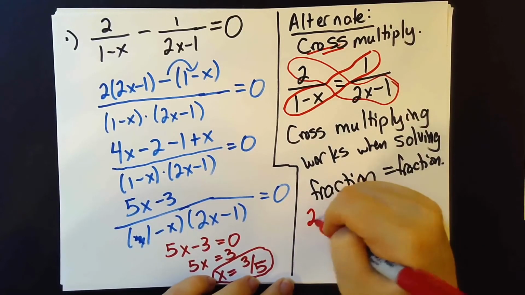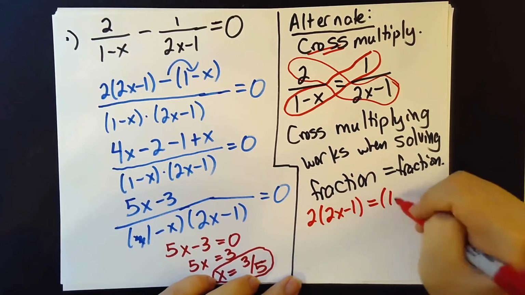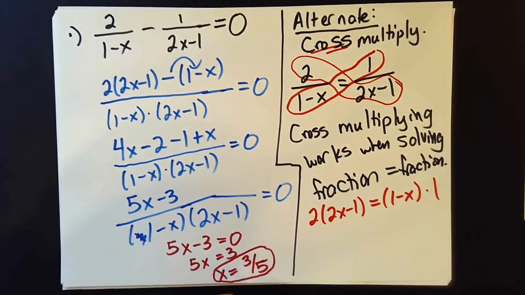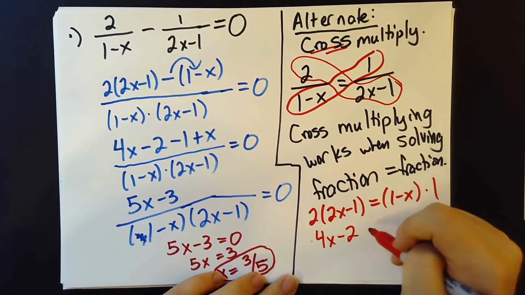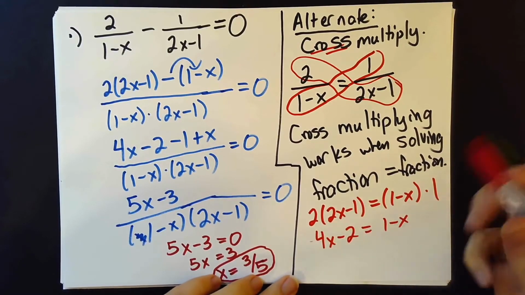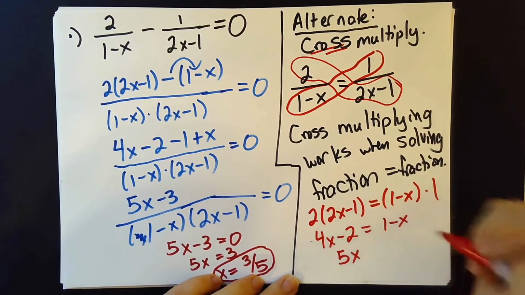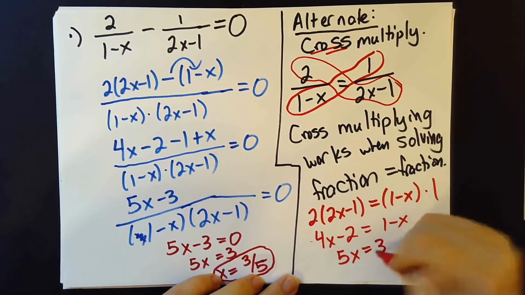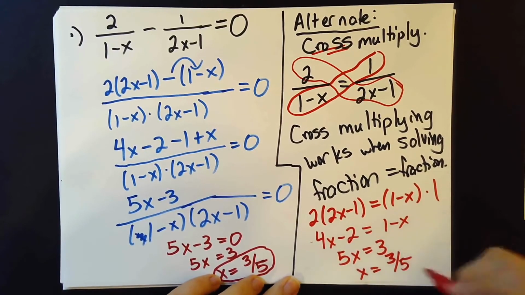So I'll get 2 times (2x minus 1) equals (1 minus x) times 1. And so this will be 4x minus 2 equals 1 minus x. Okay, I'll move this x over, which will give me 5x, this 2 over, which will give me 3, and so I'll get that x is 3/5.